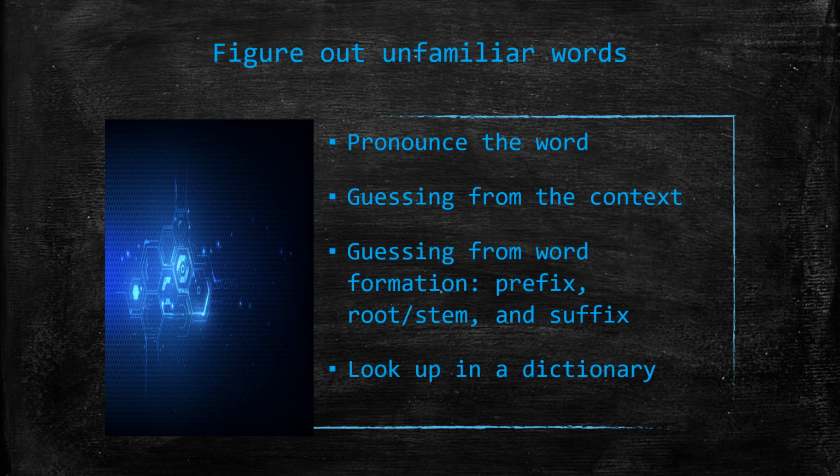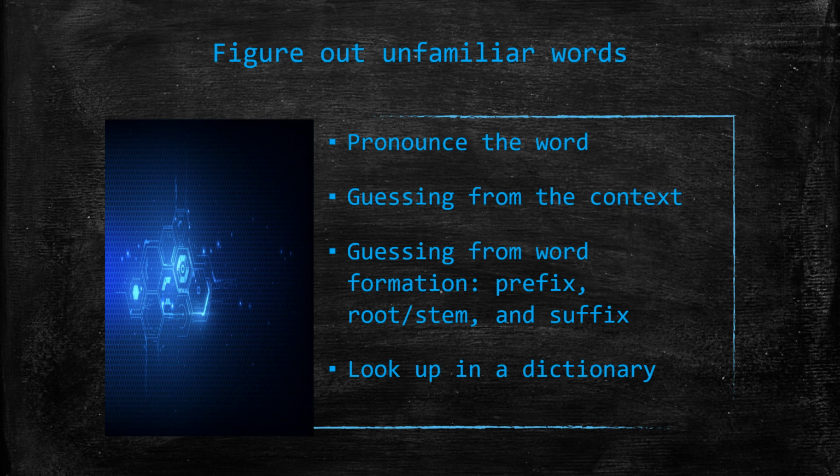While you are reading, circle or highlight new words. To find the meaning, instead of looking them up in a dictionary, use the following strategies. First, pronounce the word. Often, by hearing the word, you will recall its meaning. Second, guess the meaning of the word from its context. In this case, it is the words and sentences around the unfamiliar word.